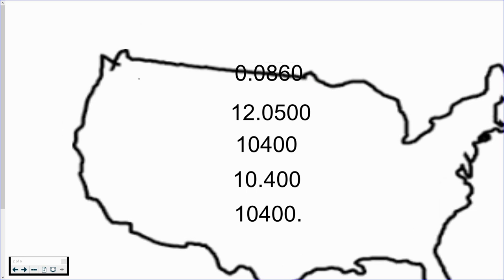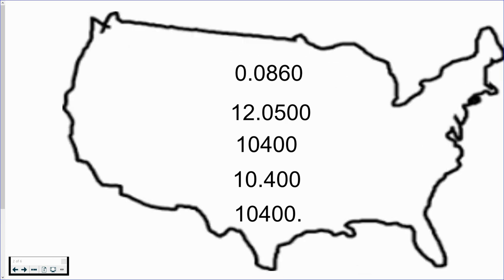So we're going to start on the left-hand side. We're going to start with the first non-zero, which would be the 8. So we count there, 1, 2, and 3. We have 3 significant figures.